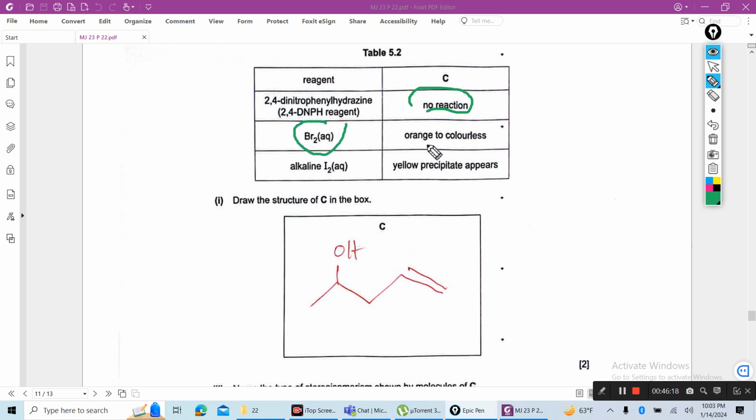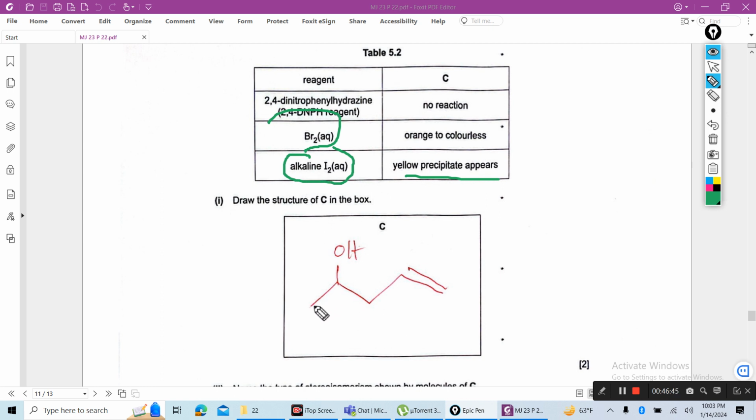Aqueous bromine, orange to colorless. That means it has a carbon-carbon double bond, because bromine water decolorizes alkene molecules. Aqueous iodine, a yellow precipitate is formed, so it is a secondary alcohol. A secondary alcohol gives the iodoform test.